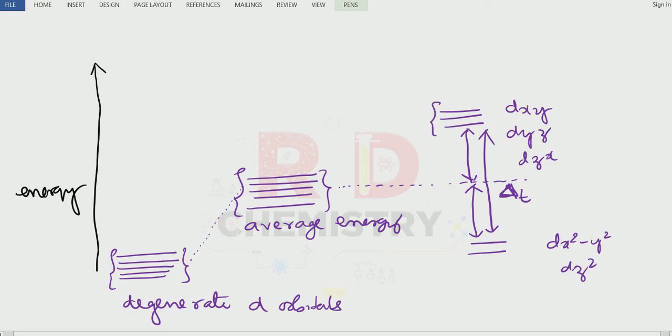This will increase energy by 0.4 times delta T, and this decreases by 0.6 delta T. Put them together, add them together, 1 delta T. Clear?